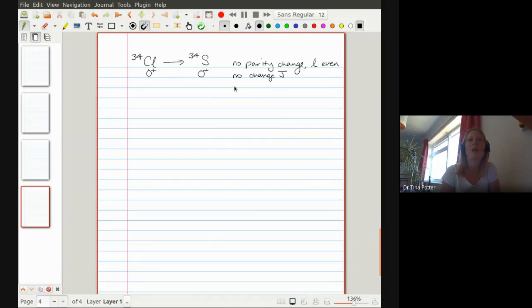When you go back to slide 26, we have no parity change, so we can have an allowed transition here.